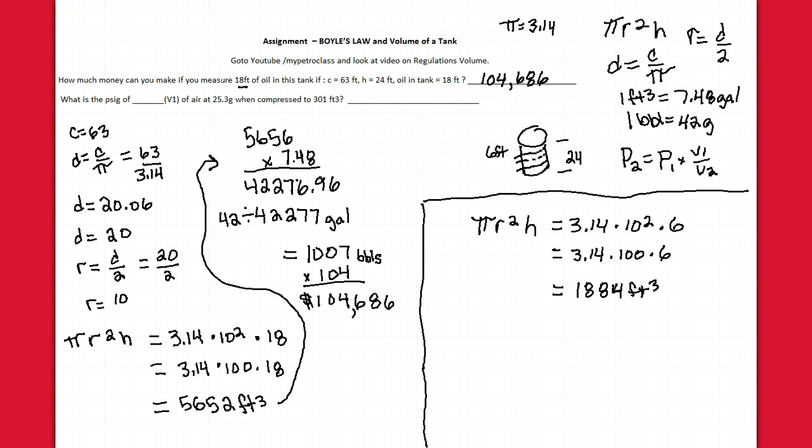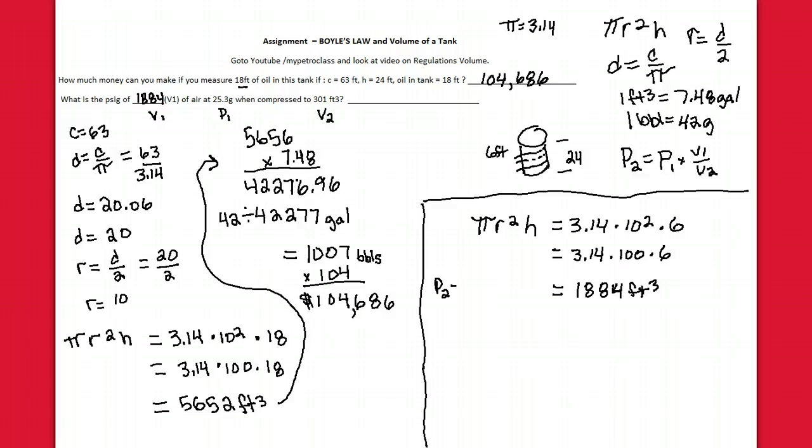Now, let's put that here because that's our first volume. So that's going to be V1 right there: 1884.